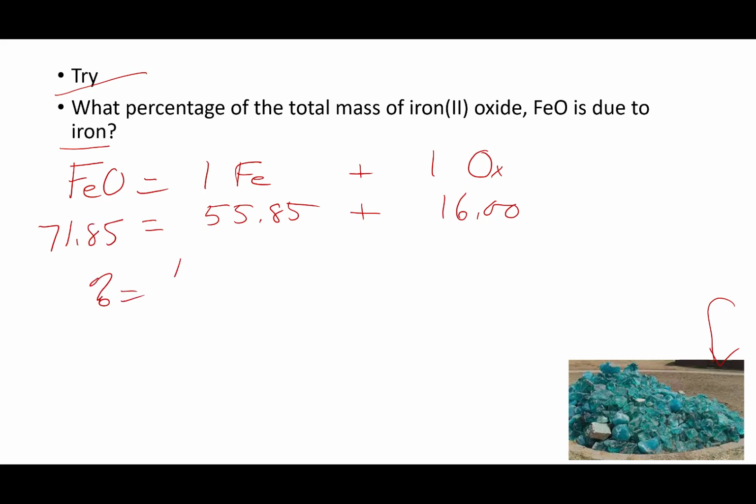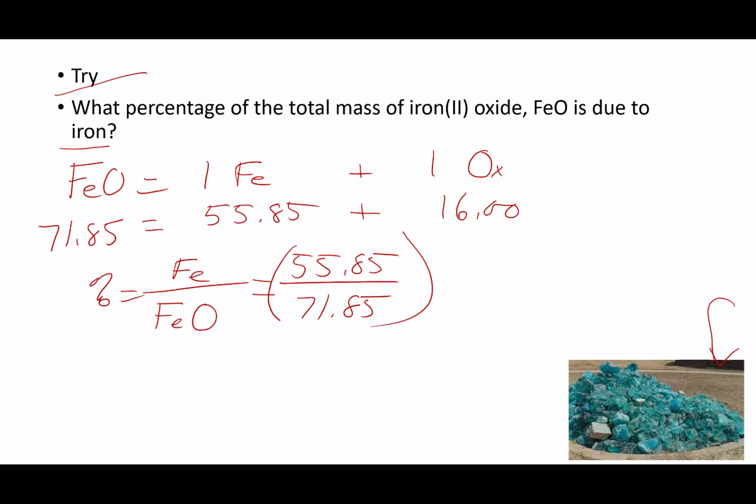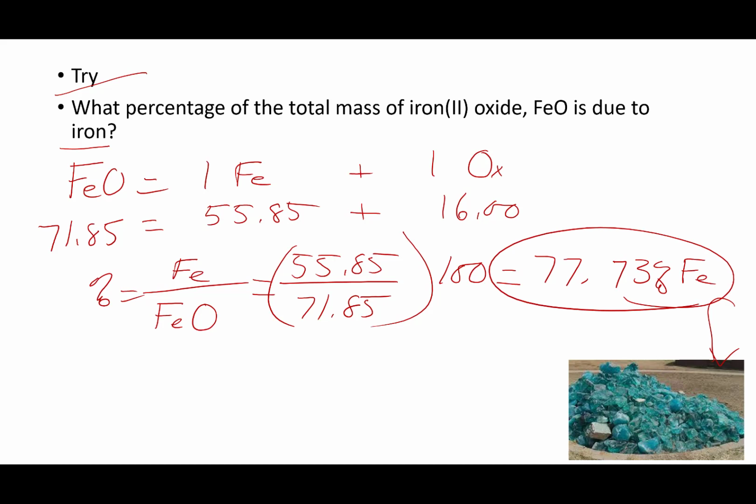The percentage is going to be the part, iron, divided by the whole, FeO. The part is 55.85, the whole is 71.85, times 100 to turn it from a decimal into a percentage, and that gives me 77.73% iron.